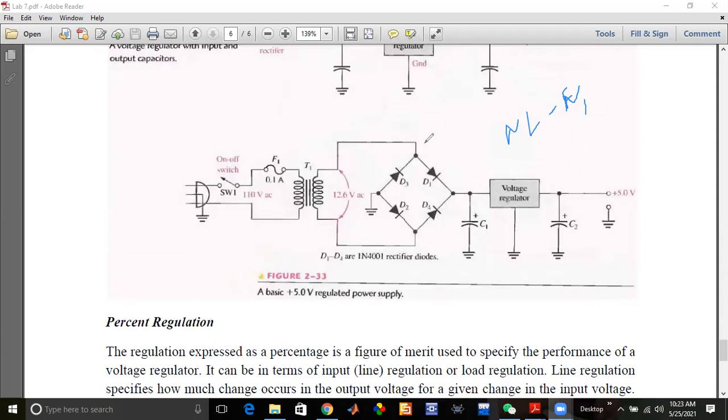For example, you will do the no load test and full load test for the transformer, and calculate the voltage regulation for the transformer. So here we will calculate the regulation for our power supply: V no load minus V full load, divided by V full load.